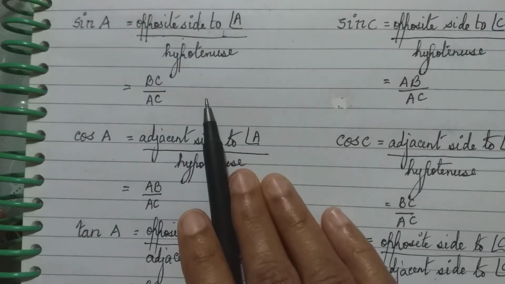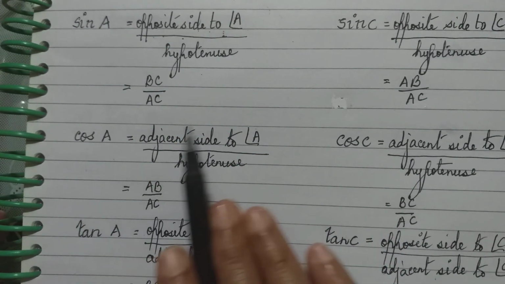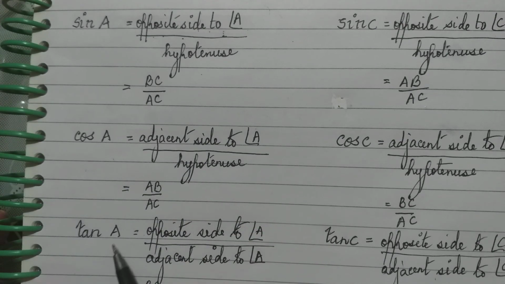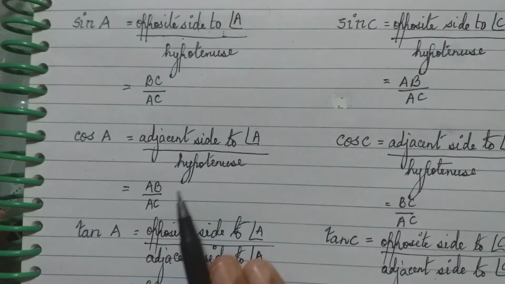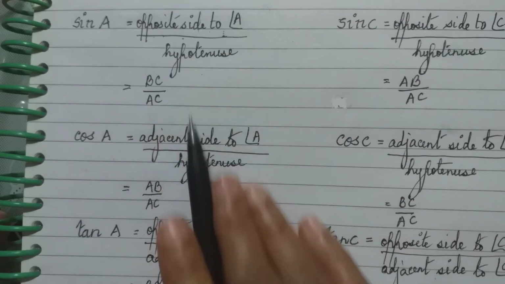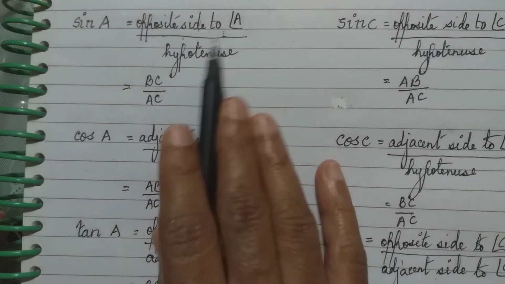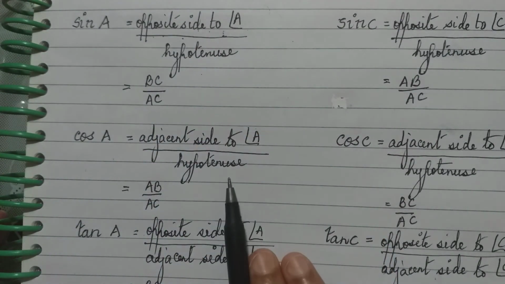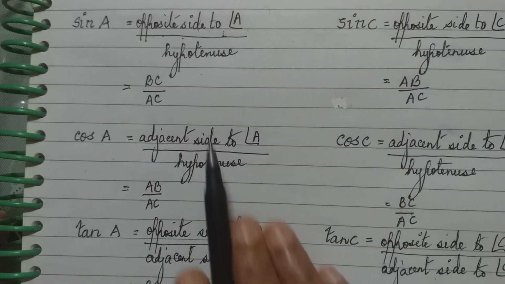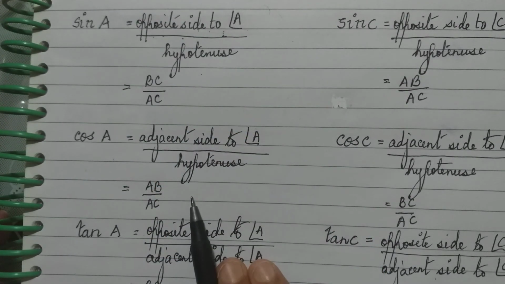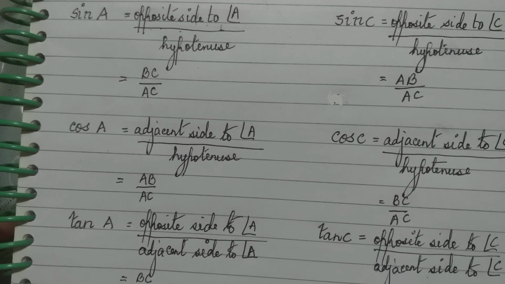Sine is opposite side upon hypotenuse, cos is adjacent side upon hypotenuse, and tan is sine upon cos, that is opposite side upon adjacent side. The hypotenuse cancels because it is the same in both the numerator and the denominator. So we just have opposite side upon adjacent side.